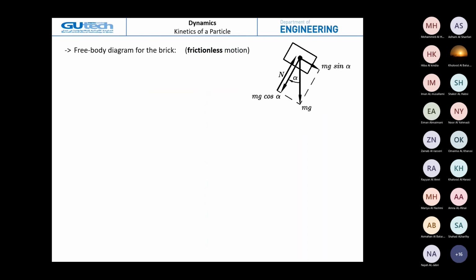Now we take the free body diagram for the brick. As for the work, we need the forces, and then we look at whether those forces make a motion, or displacement, along this motion. If so, there will be work. If not, there will be no work. Then we assume there is frictionless motion, that means there is no resistance.